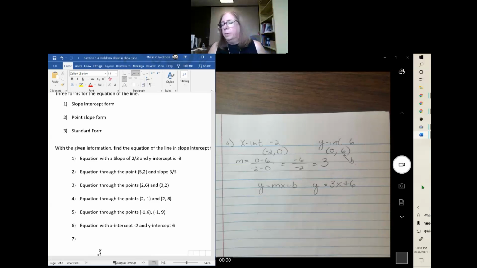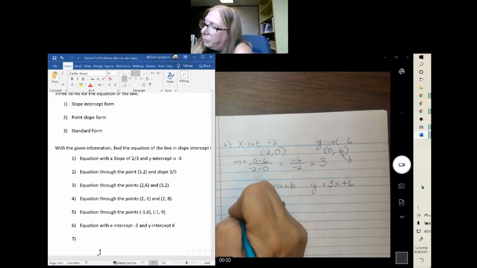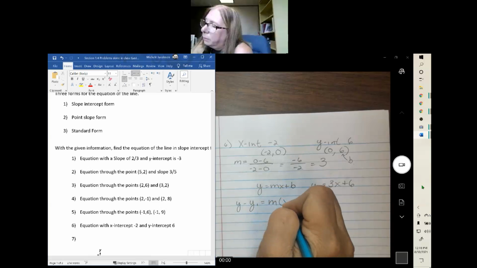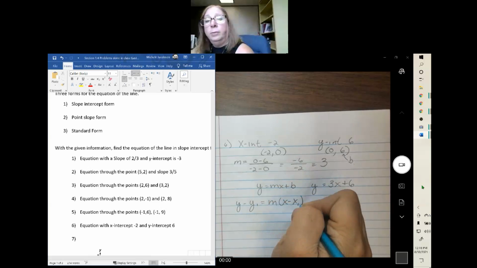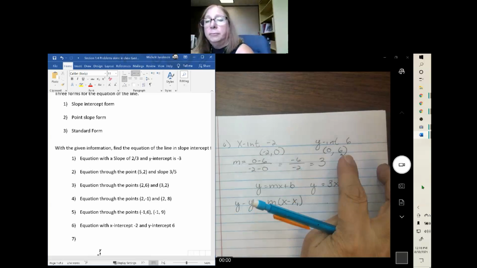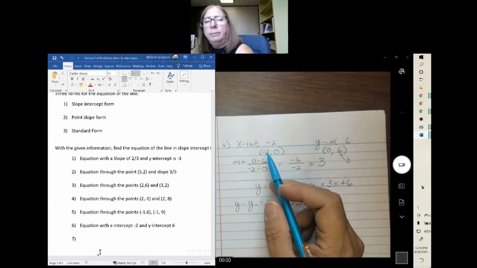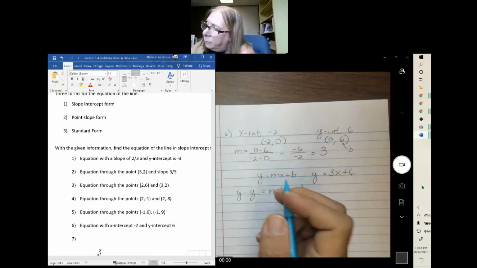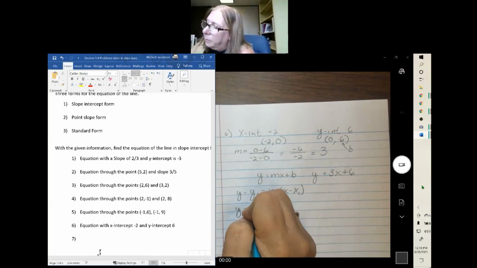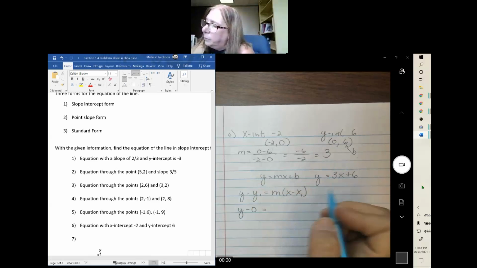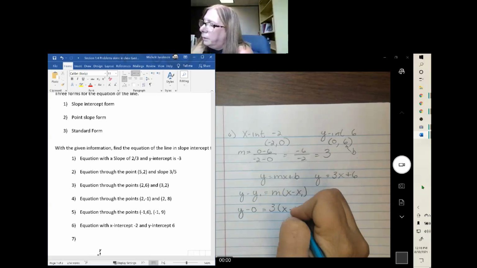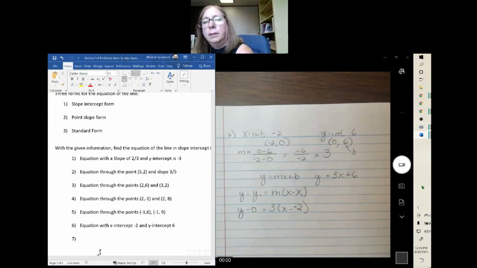Now if you use y minus y1, you'll get the same answer. And either one of the 2 points. I'm going to use this point. I would have y minus 0 equals, my slope is 3, times x minus -2.